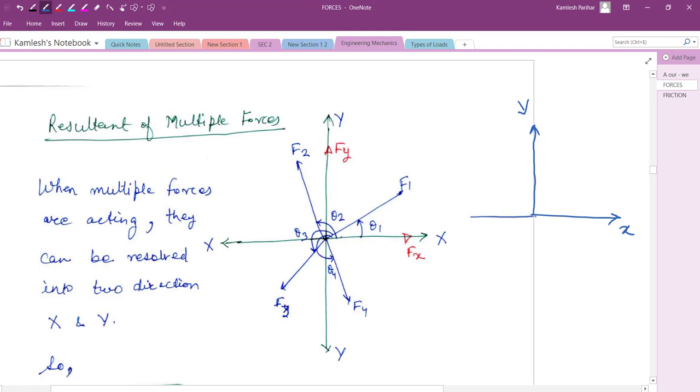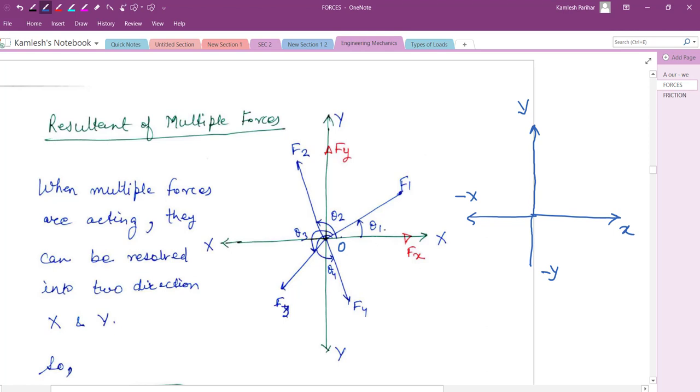We are going to resolve all the forces into x and y. This is minus x and this is minus y. So for example, in this case, what is given? A force F1 is acting at the origin O. The angle is theta 1. Then F2 making angle theta 2. Then F3 making angle theta 3. And F4 making angle theta 4.